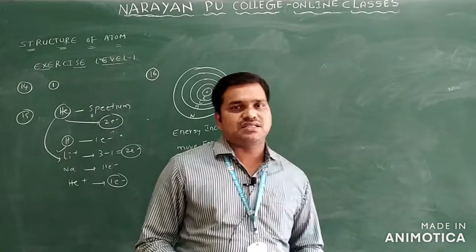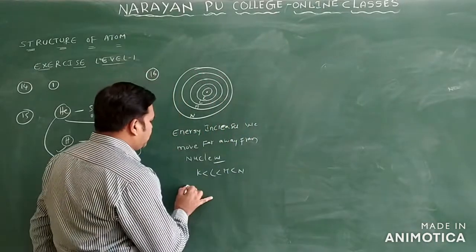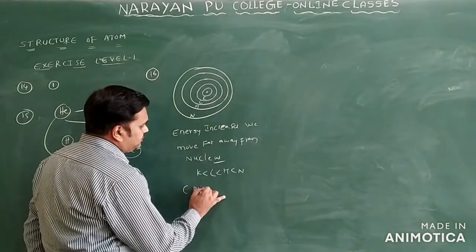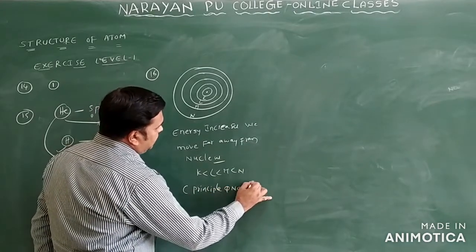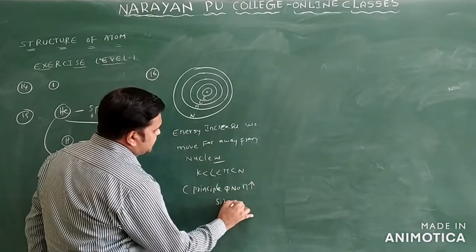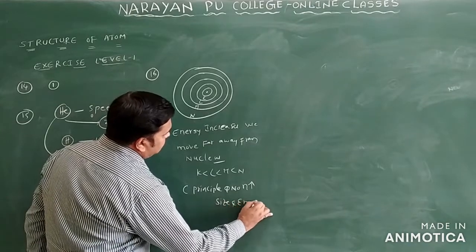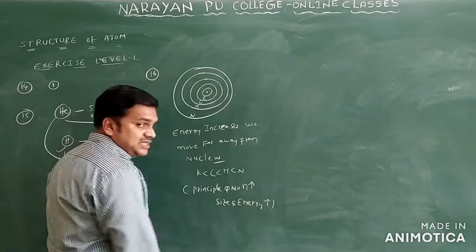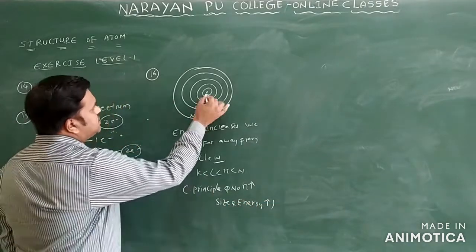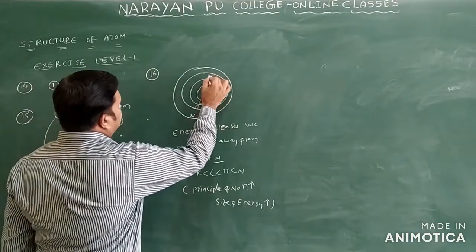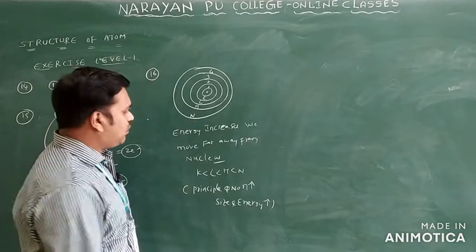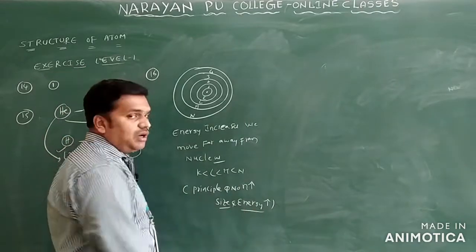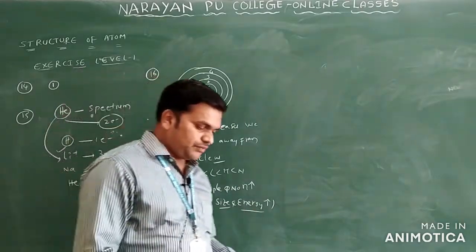As the principal quantum number N increases, size and energy both increase. N means here you can say 1, this is 2, this is 3, and this is 4. As the N value increases, size increases and energy also increases only.